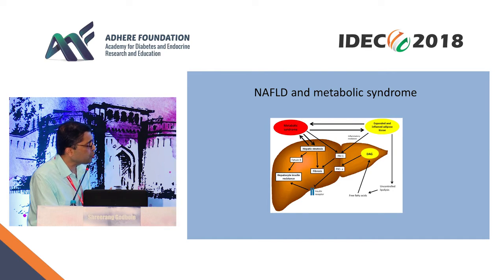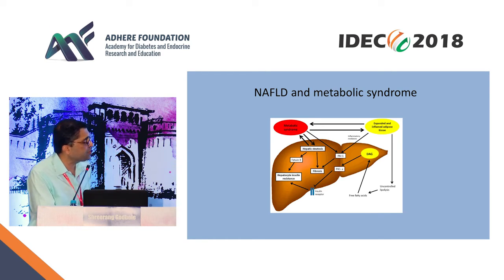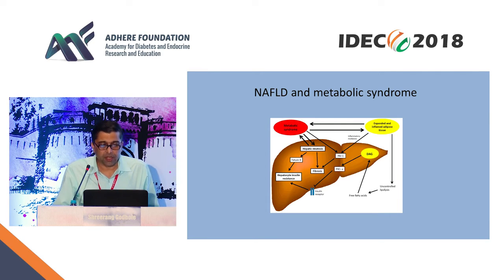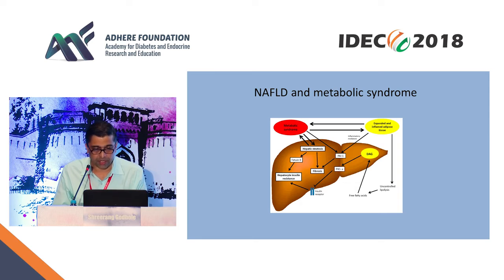Now, there is also something called fetuin B. It's a hepatocytokine which is expressed in the presence of hepatic steatosis, and this hepatocytokine promotes hepatocyte insulin resistance. So when you tackle fetuin B, the hepatic resistance to insulin decreases. So this is how NAFLD and metabolic syndrome are interrelated.